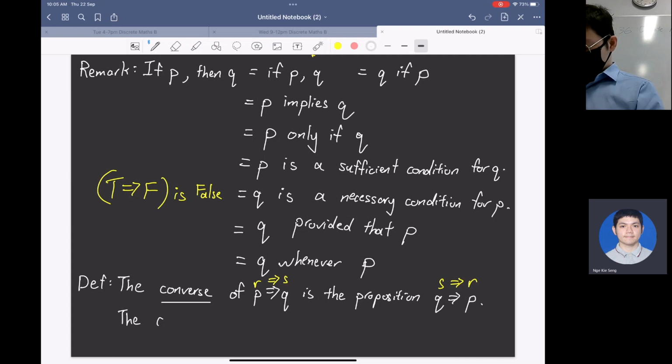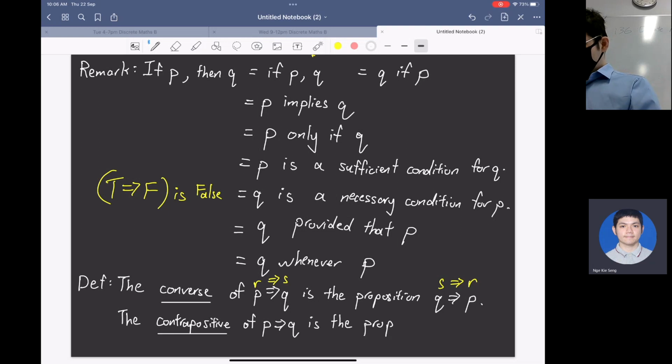Next is the contrapositive. This contrapositive is also very important. The contrapositive of P implies Q is not Q implies not P. So you swap and then you negate both, or you negate both and swap.